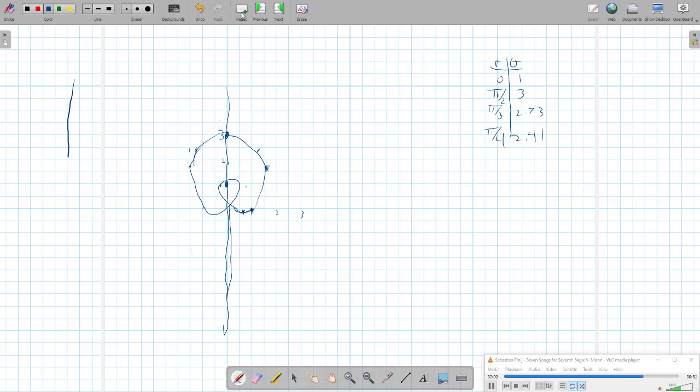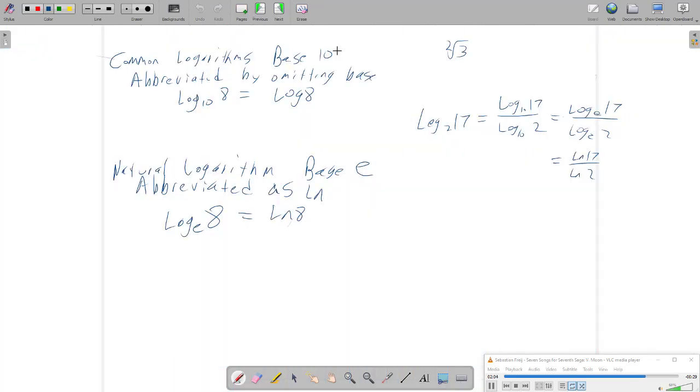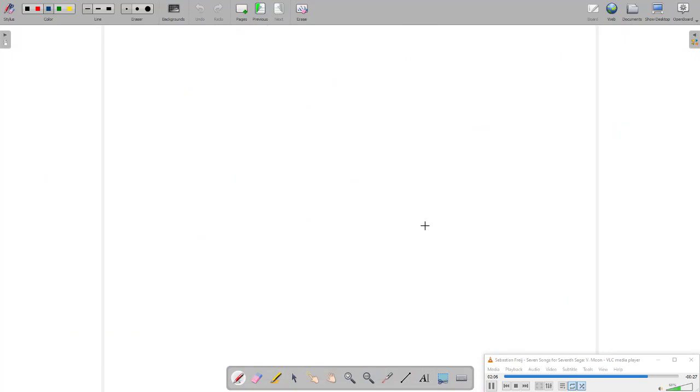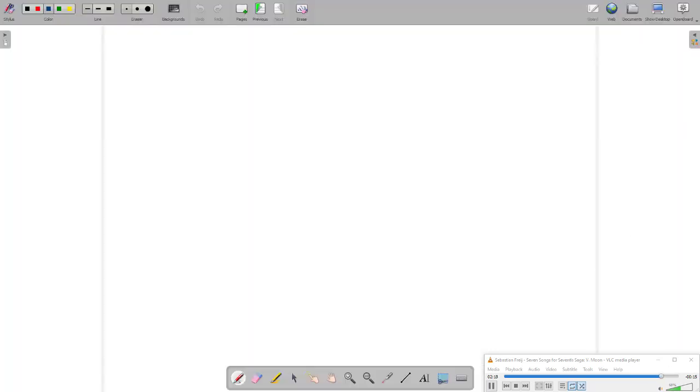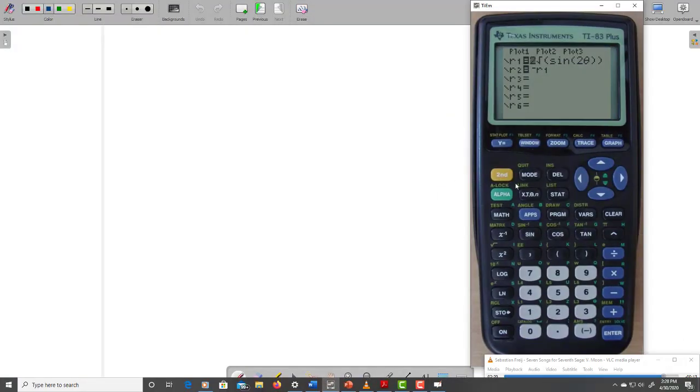So let's see here. Next. And let's grab a calculator. We're going to graph r squared. Oh, we already got that. That's right. So let's look at the table. Trace.